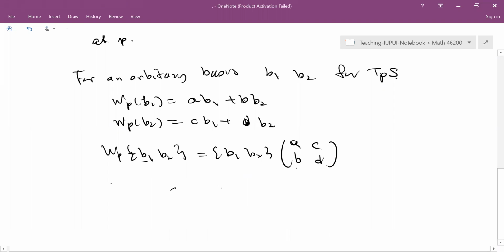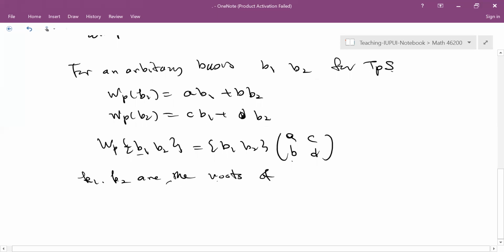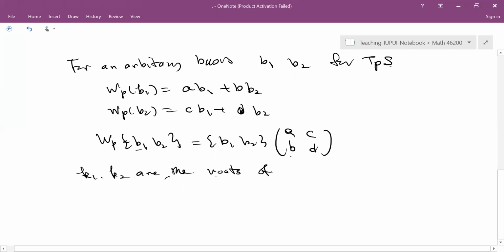So K1, K2 are the roots of the so-called characteristic polynomial of the linear map, the determinant of the matrix A, B, C, D minus K times the identity.